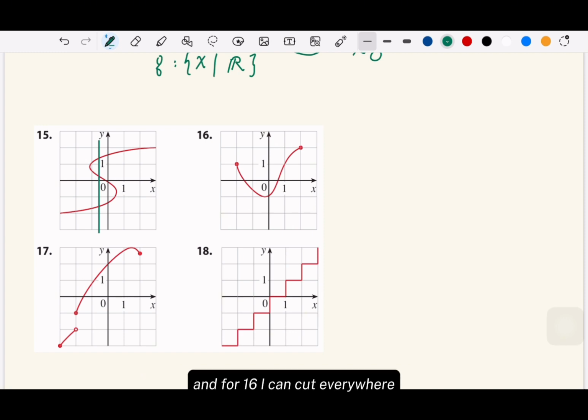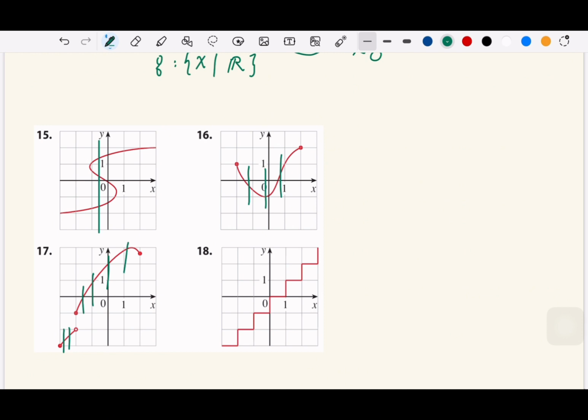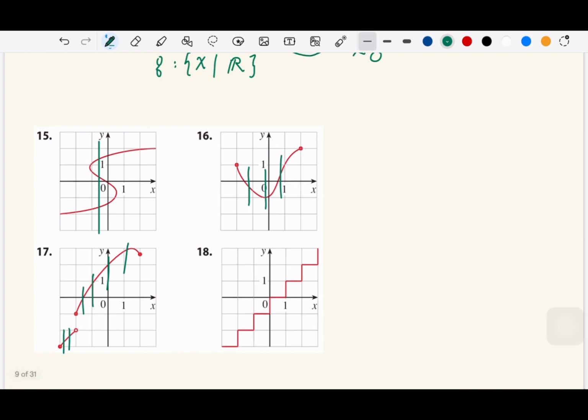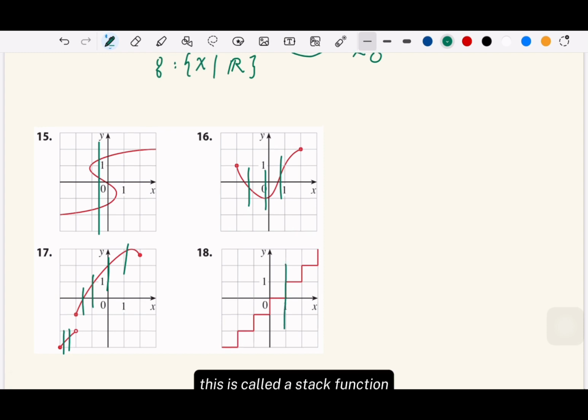And for 16, I can cut everywhere and it is exactly 1 point. That's okay. Here also fine, right? And if you cut here, it's exactly also 1 point because it is an open interval. But here, there is something interesting. Anyway, this is called a step function, but I think you will learn more in engineering mathematics. But we don't really cover much about this.